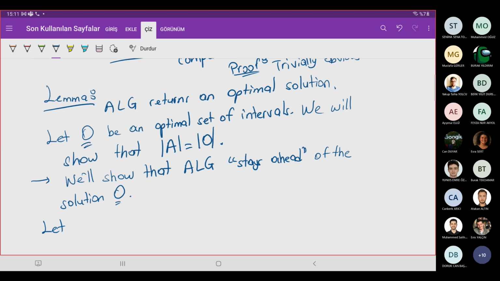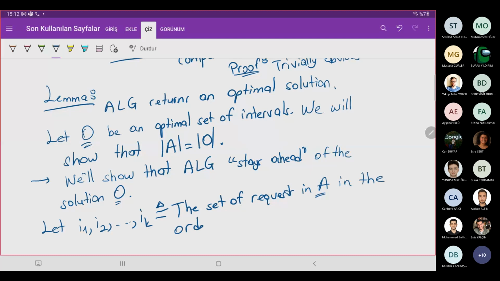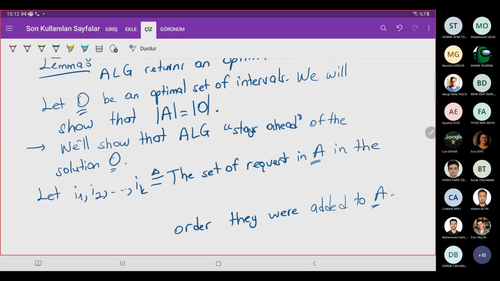Let I1, ..., IK be the set of requests in the order that they were added by the algorithm.